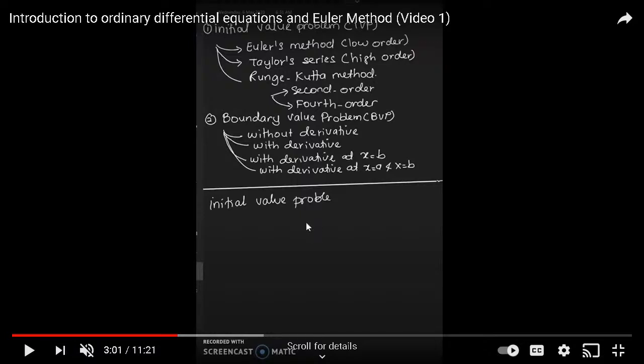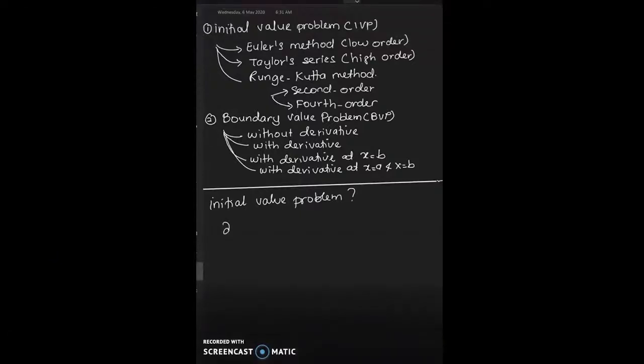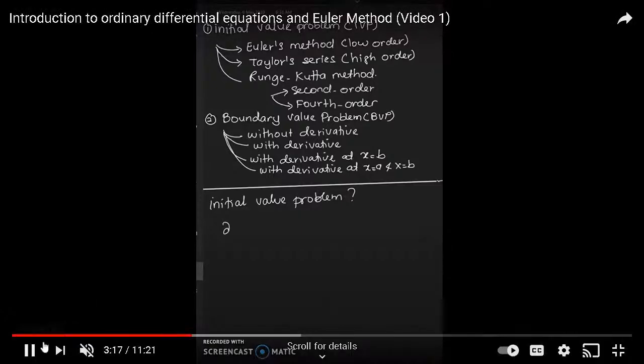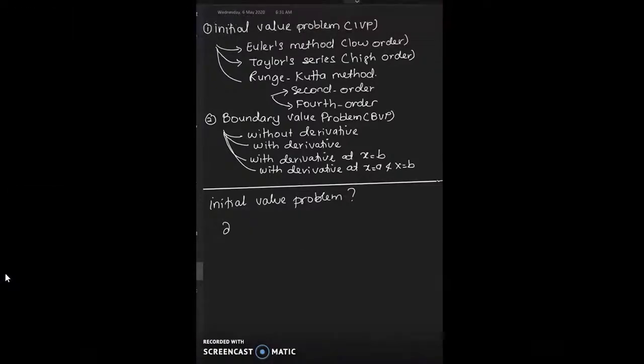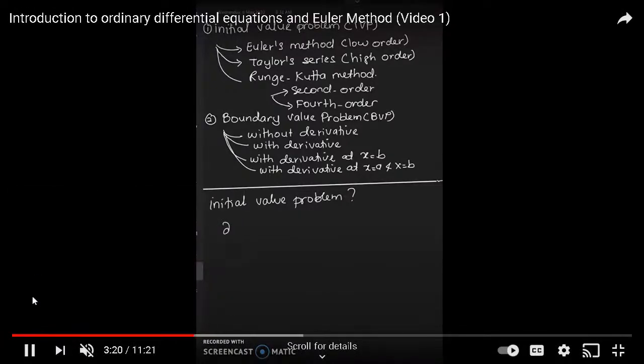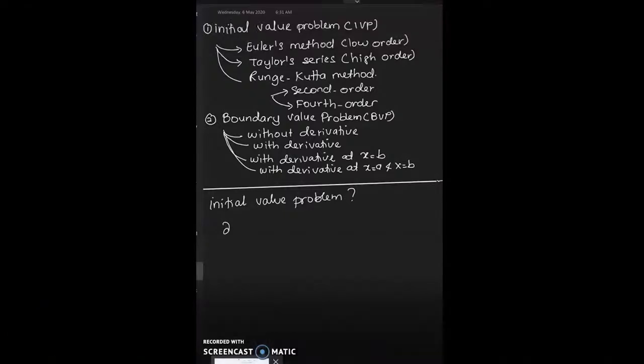I want to introduce something you learned before: interpolation. You used the Taylor method, and in chapter 5 you also used the Taylor method to find the first derivative and second derivative. You still remember?